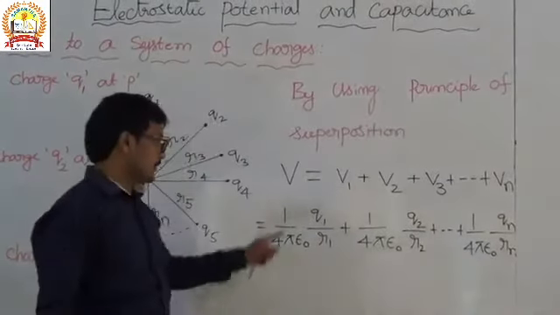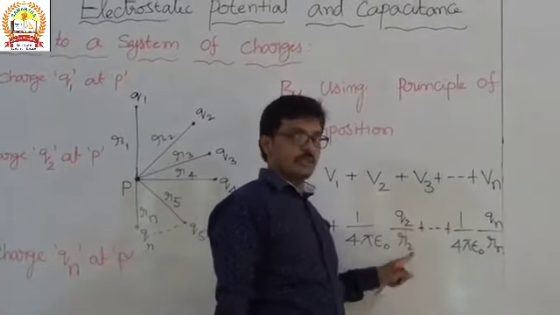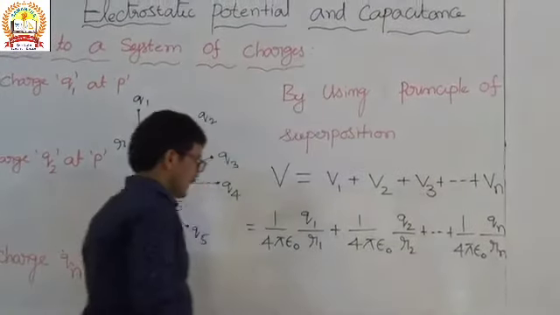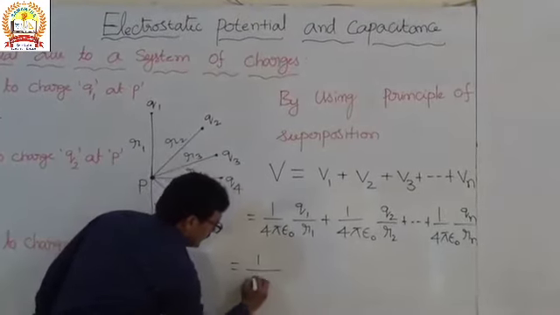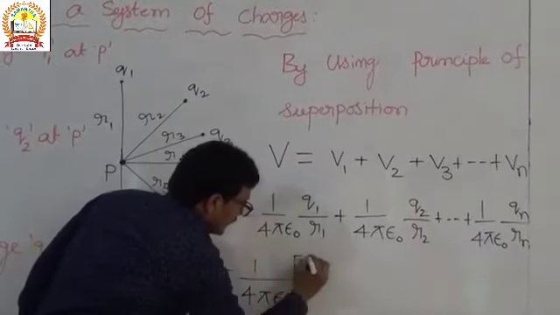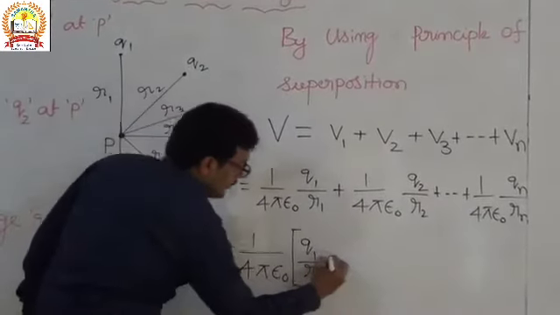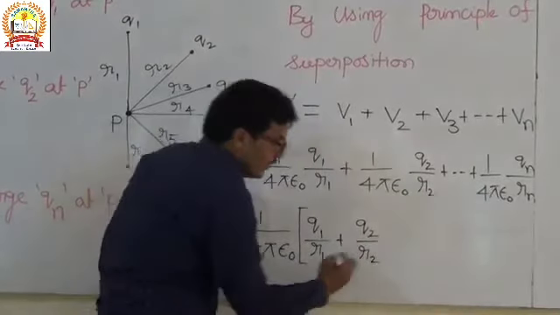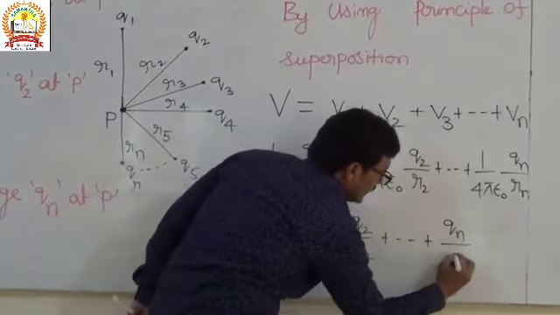Here the common term is 1 by 4 pi epsilon naught. So V is equal to 1 by 4 pi epsilon naught times Q1 by R1 plus Q2 by R2, plus and so on, Qn by Rn.